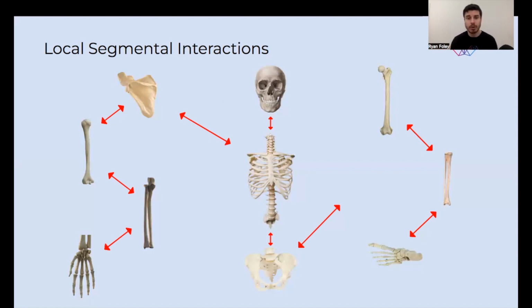Now when we look at the upper midline, for example, this would reflect the interaction between the rib cage and the cranium, or the rib cage and the head. So if we look at the upper limb and upper midline interaction, distally to proximally, we've got the hand segment interacting with the forearm segment, interacting with the humeral segment, interacting with the scapula, with the rib cage, and the rib cage with the head or the cranium.